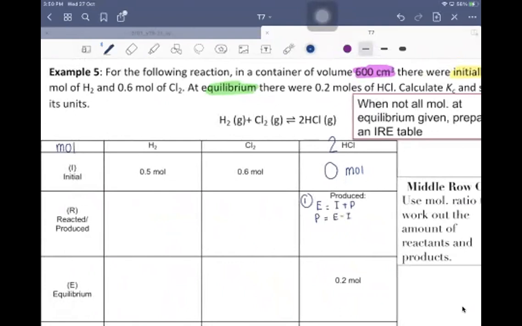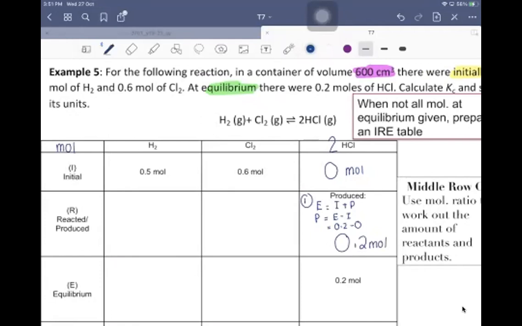So if you take the equilibrium, 0.2, and initial, 0, that means 0.2 moles of product have been formed. You may say, that sounds a bit silly to use the expression, right? It's not silly when things get a little bit more complicated.